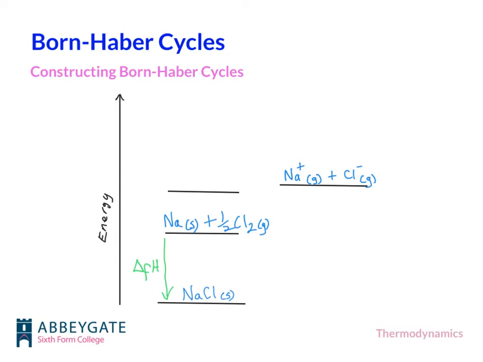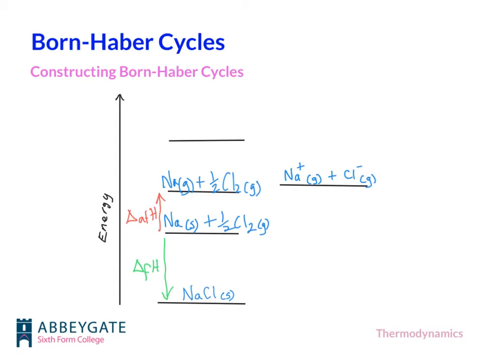So I'm going to write on here Na gas plus a half Cl2 gas. And this is the enthalpy, I'll use a red arrow this time, our enthalpy of atomization of the sodium.